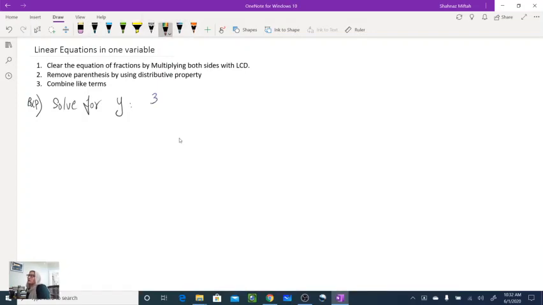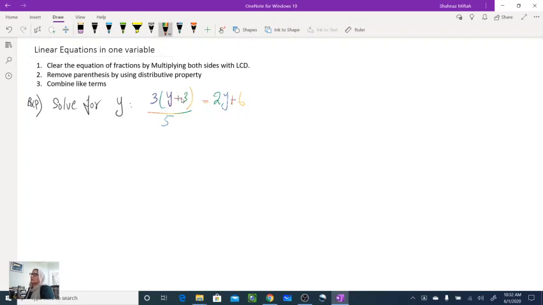I have 3 parentheses y plus 3, equal to 2y plus 6, and I have a fraction here with 5. Now I'm solving for y, and that's my equation, and it has an equal sign.